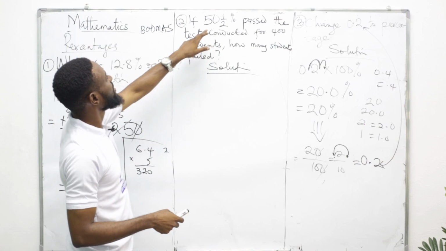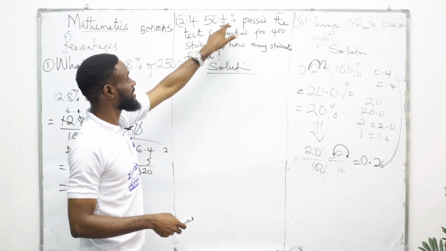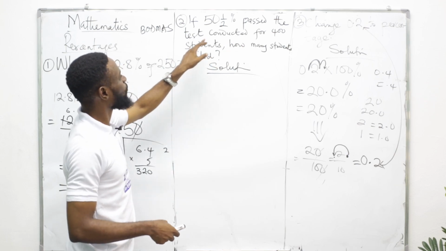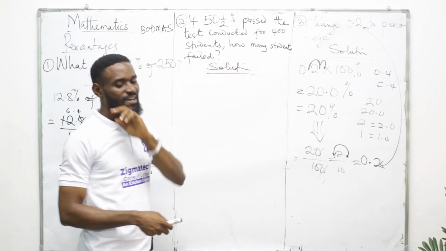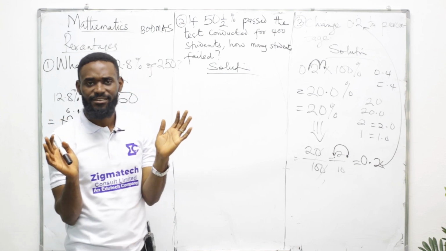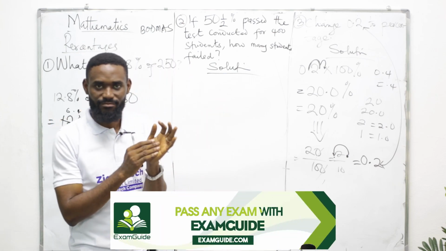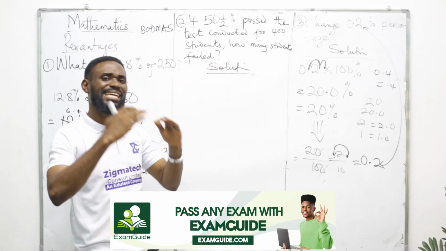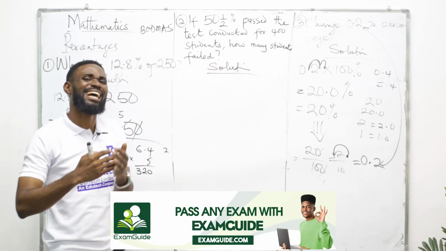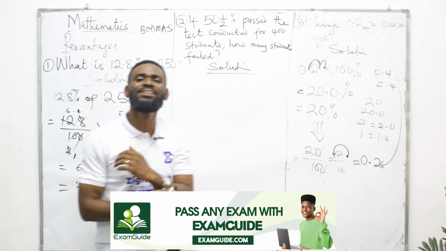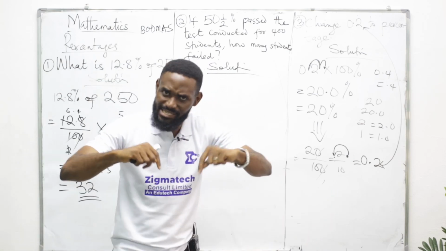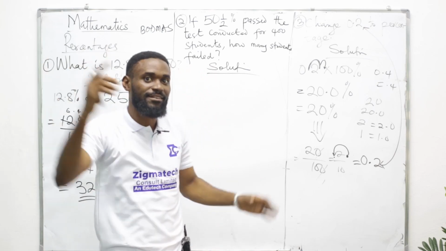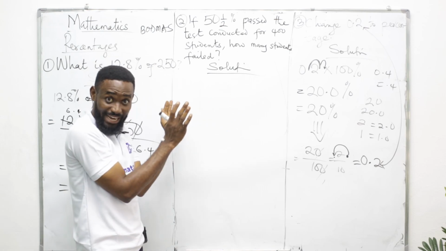They are saying 50.5% passed the test conducted for 400 students. Now 400 students sat for this exam. You must explain this question before you can answer it correctly. 400 students sat for this exam, and 50.5% of the 400 passed. You get the point now?